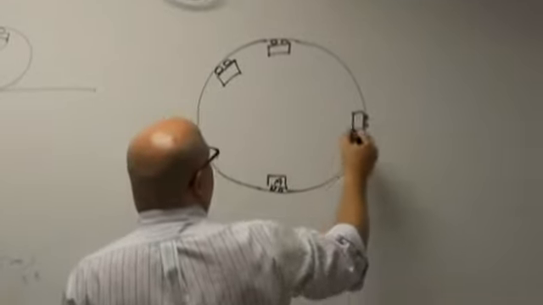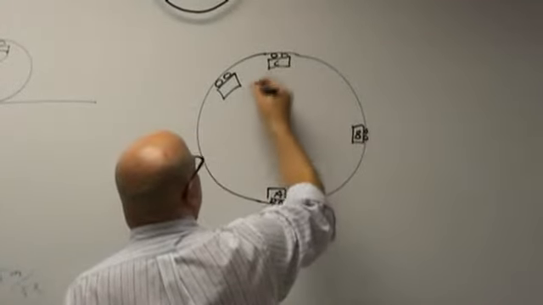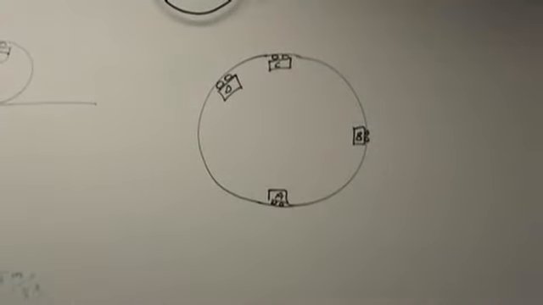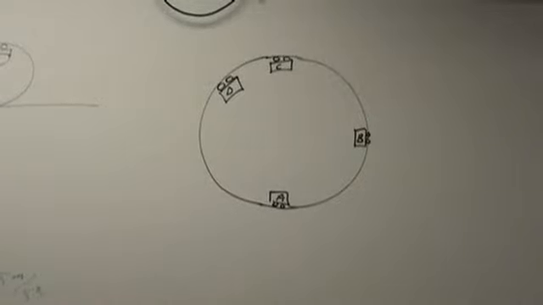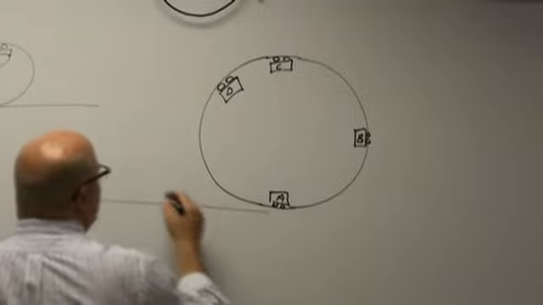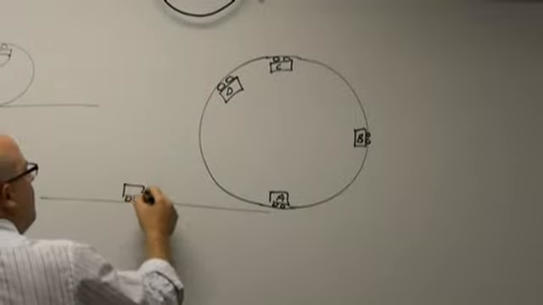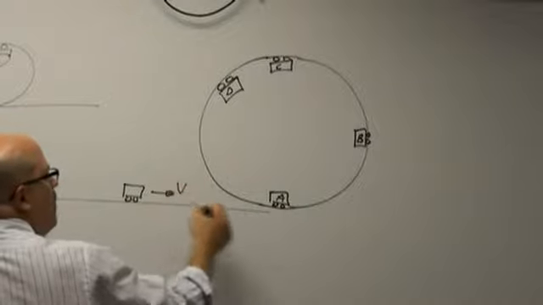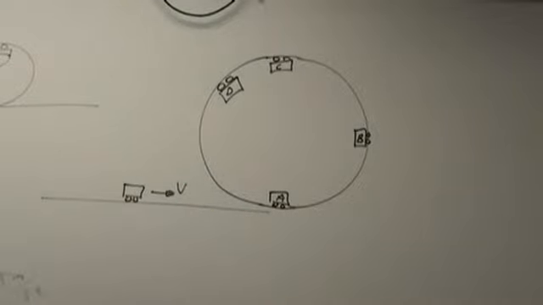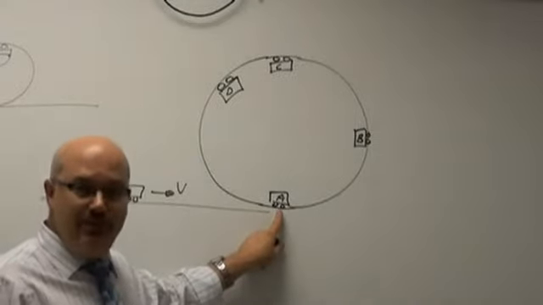Call that location A, B, C, and D, okay? All right. This roller coaster car was zipping along from over here at a velocity. When it hits here, it's going that same velocity. But at this instant, it starts to change speed, right?